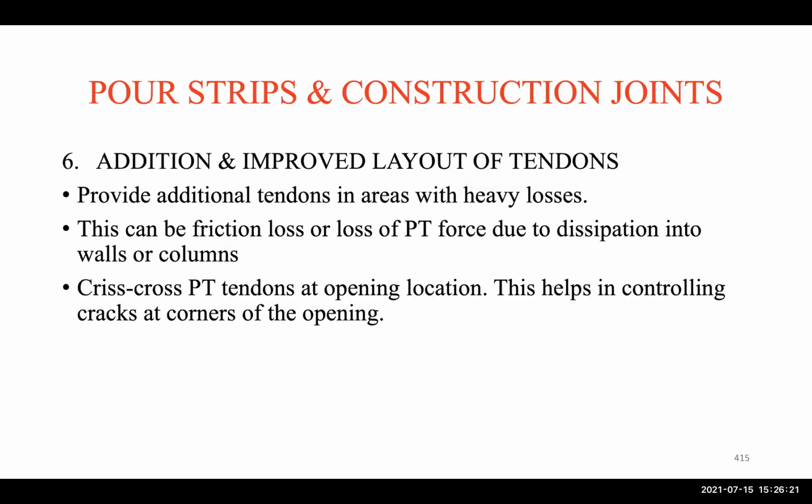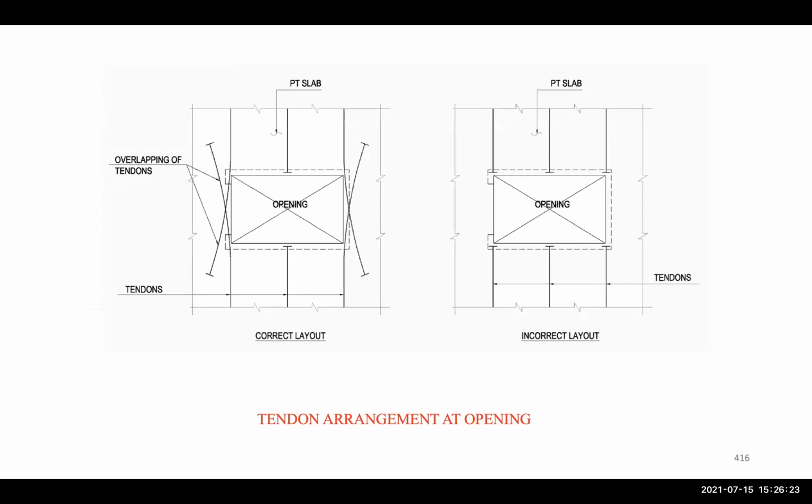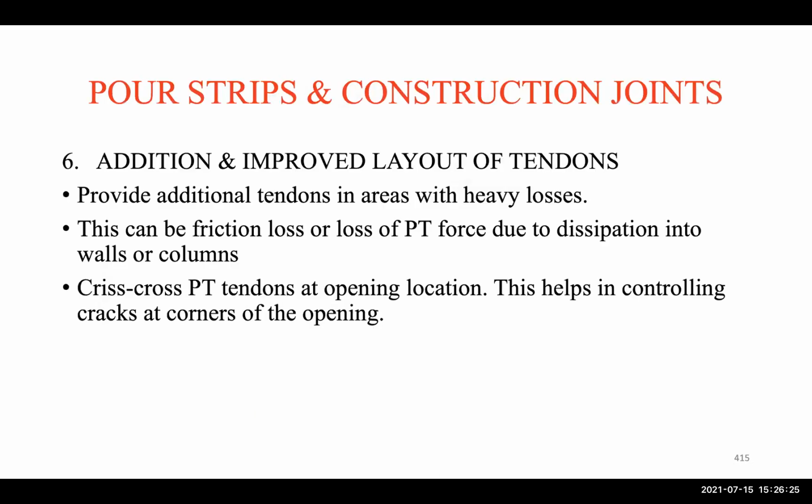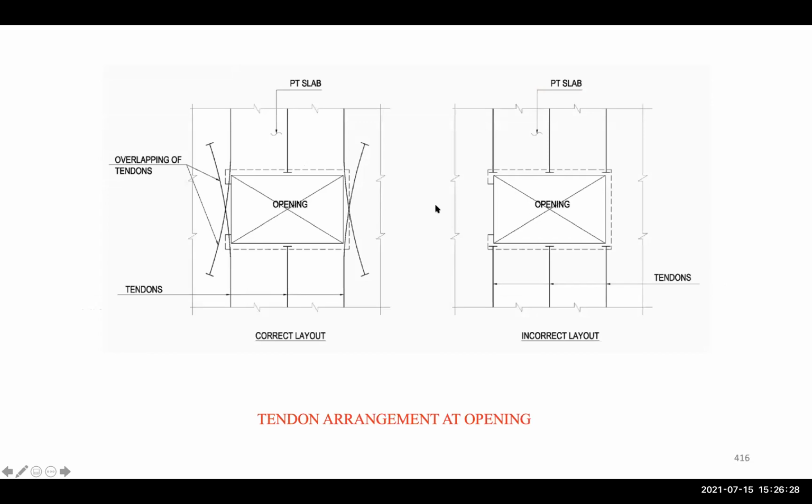And then for the PT, how can we improve the layout of the tendons? So instead of having the tendons stop like this here at the opening, we don't stop them like that. We have them continue like this from this side. We have them continue like this from this side, so that cracking does not develop at the end of the member, or at the corner of the opening.